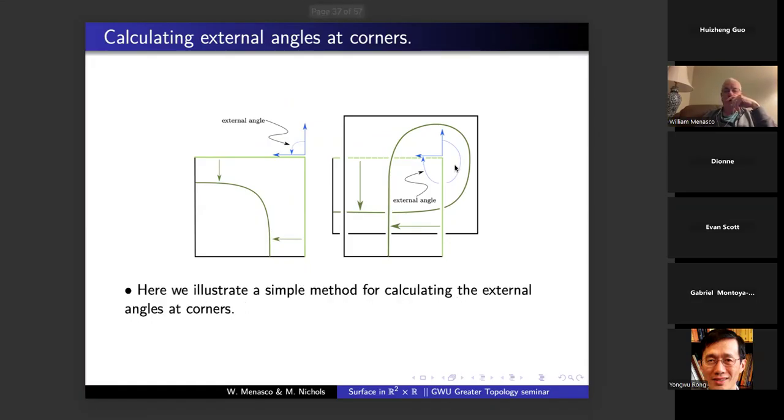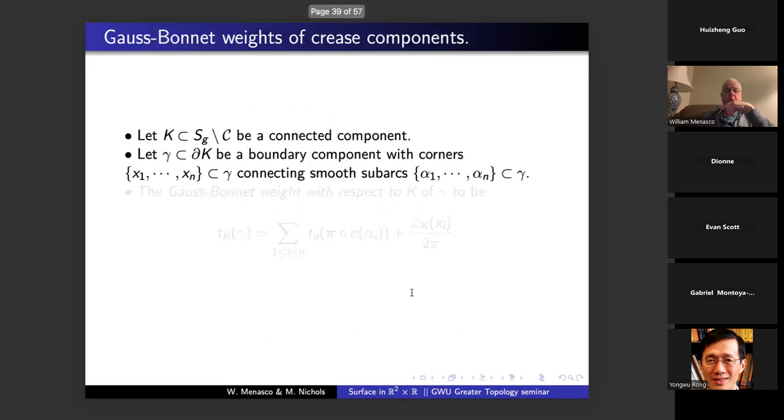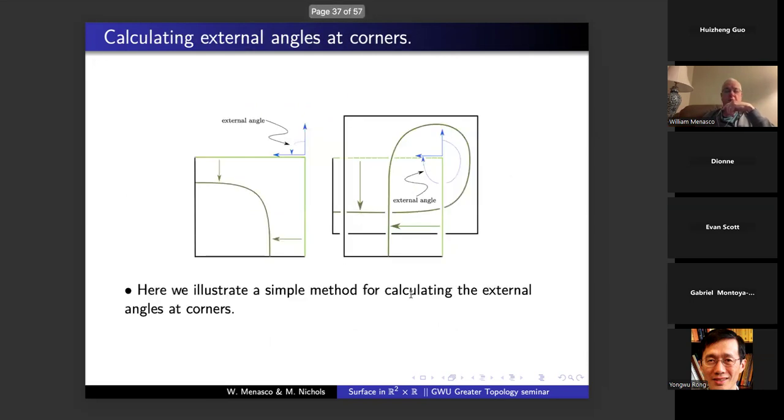If you were to calculate at these corners the external angle of what's going on here, there's two sheets coming into that corner. One sheet is like here: you could take a piece of paper and put a flap and then another flap that goes underneath it. And then you could take a piece of paper that has just that sharp corner.